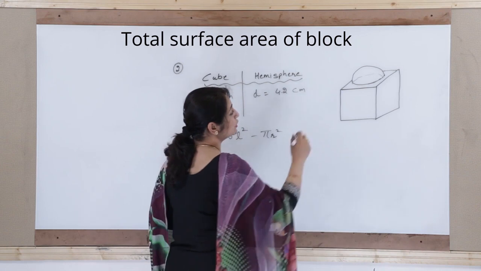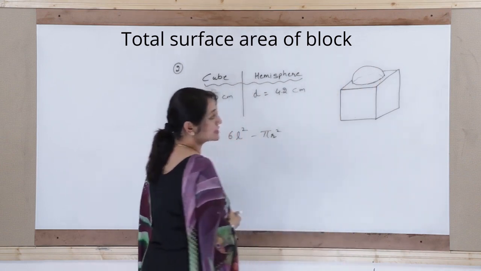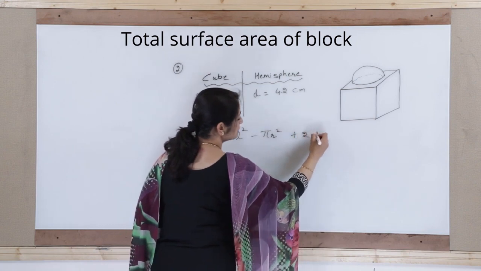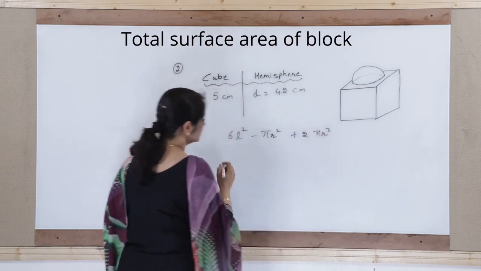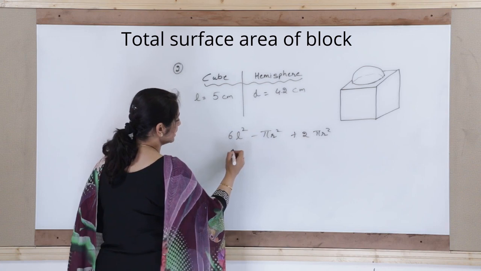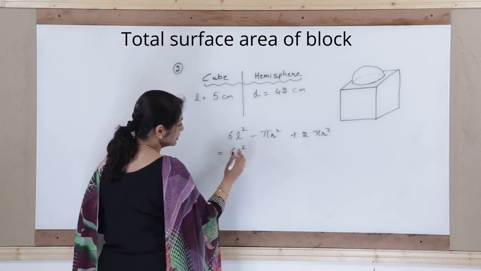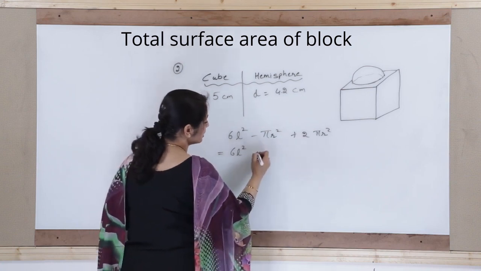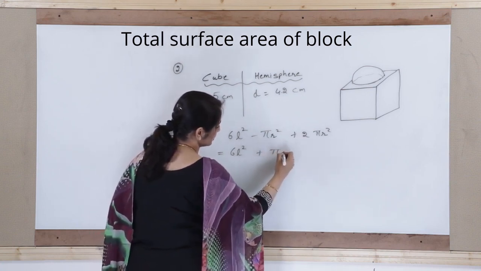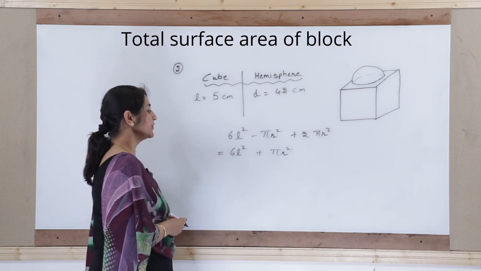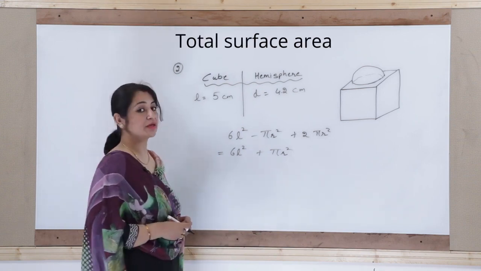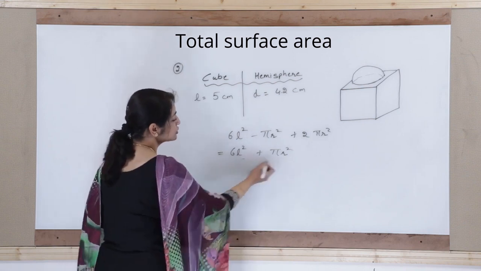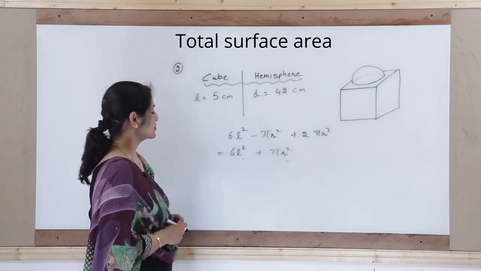And then we need to add the curved surface area of this hemisphere, and that will be 2 pi r square. So looking at this formula, we will have 6l square minus pi r square plus 2 pi r square. So that means we will have 1 positive pi r square. So this has become the formula for the total surface area of the block. Is there anything common? No, there is nothing common. So we simply need to put the values here.